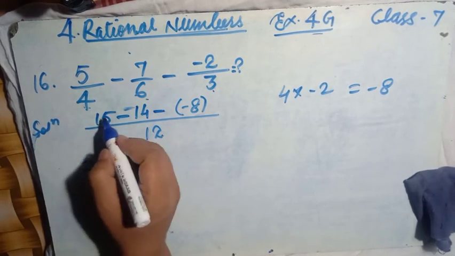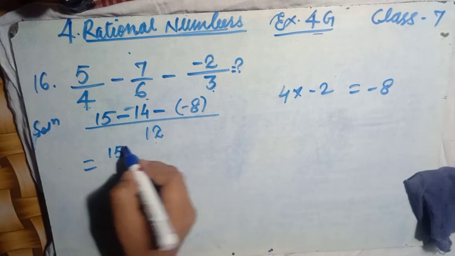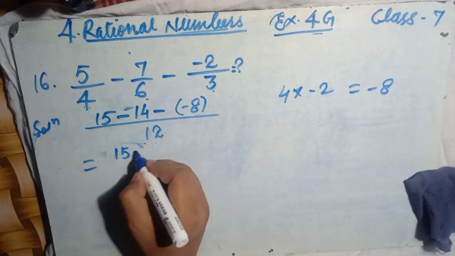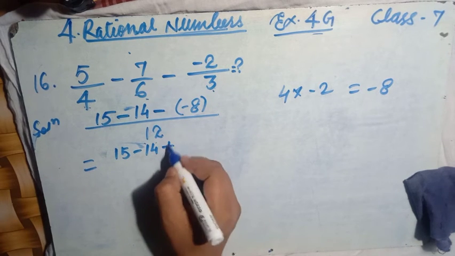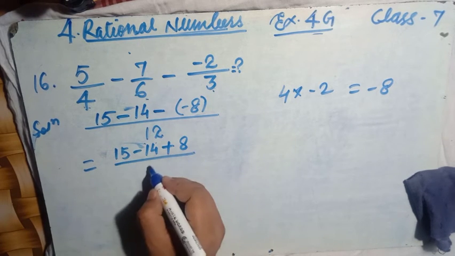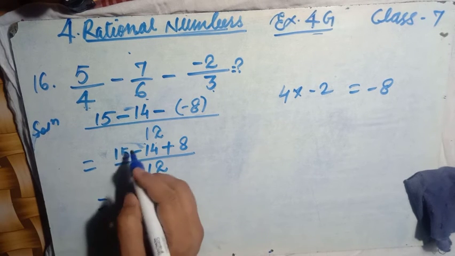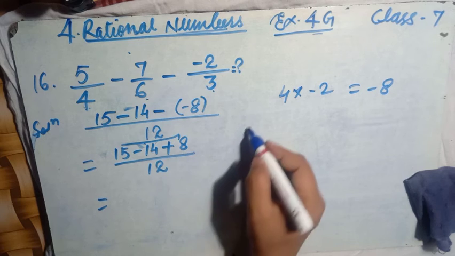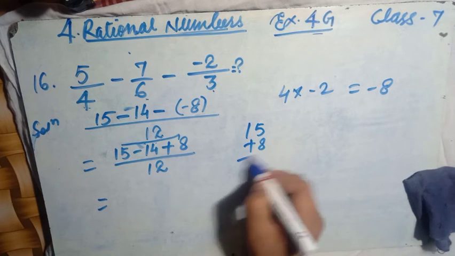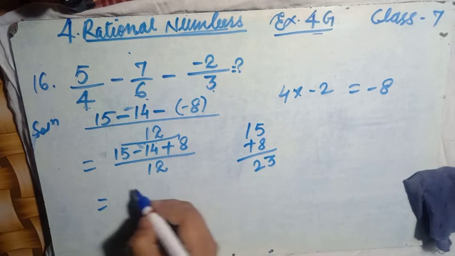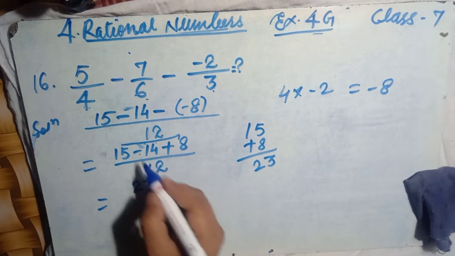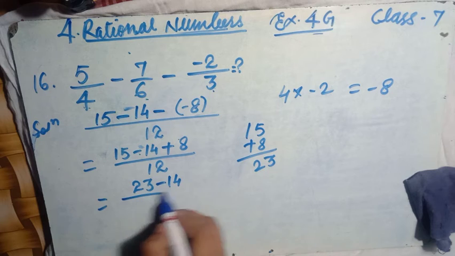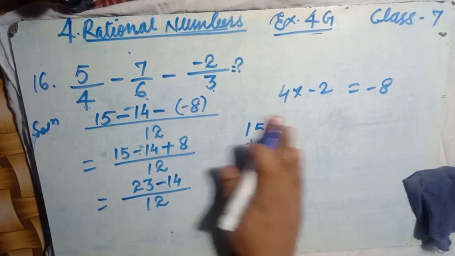Minus into minus is plus, so this is 8, over 12. Now add first these two numbers: 15 plus 8 is equal to 23. Here is 23, minus 14, divided by 12.